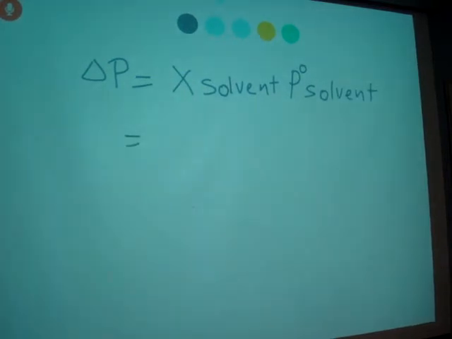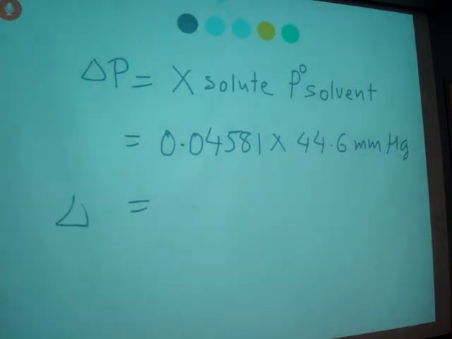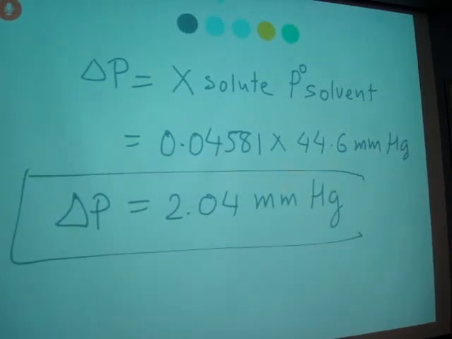We have 0.04581 mole fraction, not the solvent but the solute here, and we were given 44.6 millimeters of mercury. So we get delta P of 2.04 millimeters of mercury. So that's delta P.